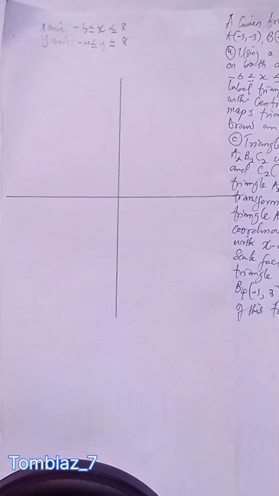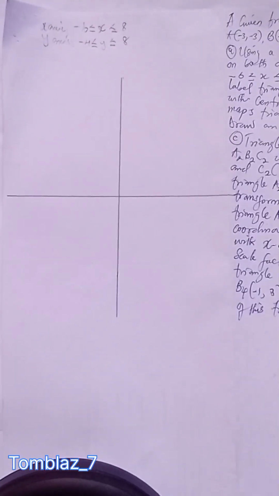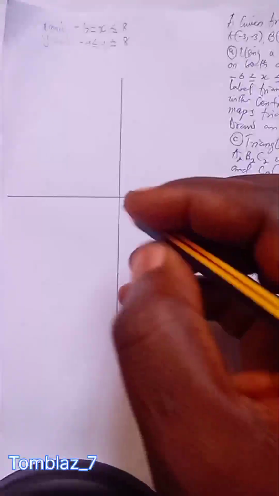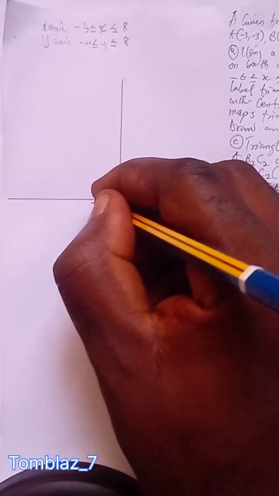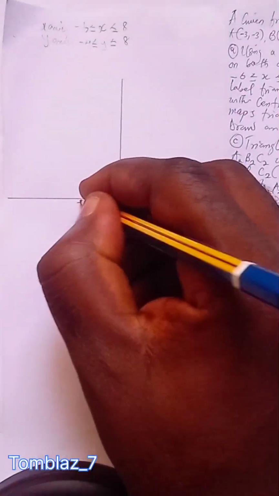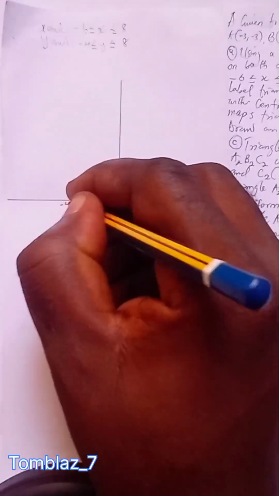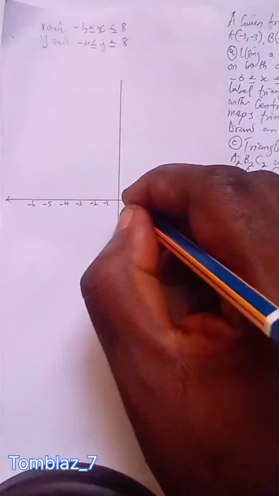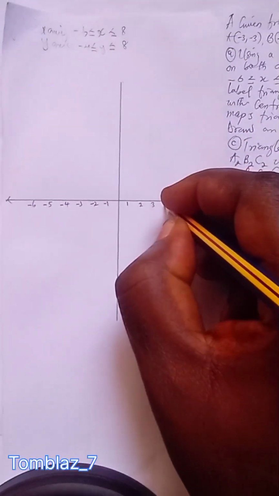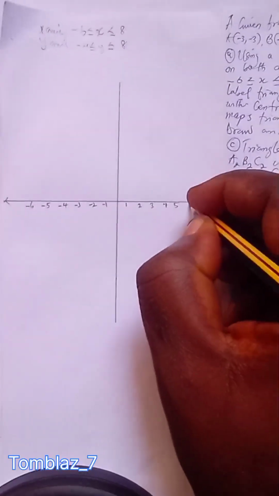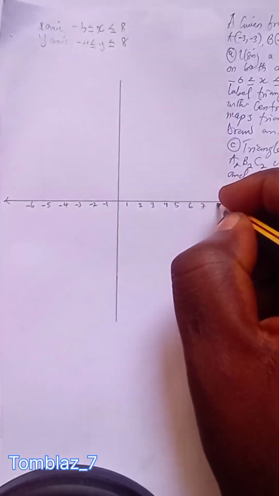All right, so we are taking from minus 6 here, so we can take minus 1, minus 2, minus 3, minus 4, minus 5, minus 6. Then this portion to plus 8. So 1, 2, 3, 4, 5, 6, 7, and 8.